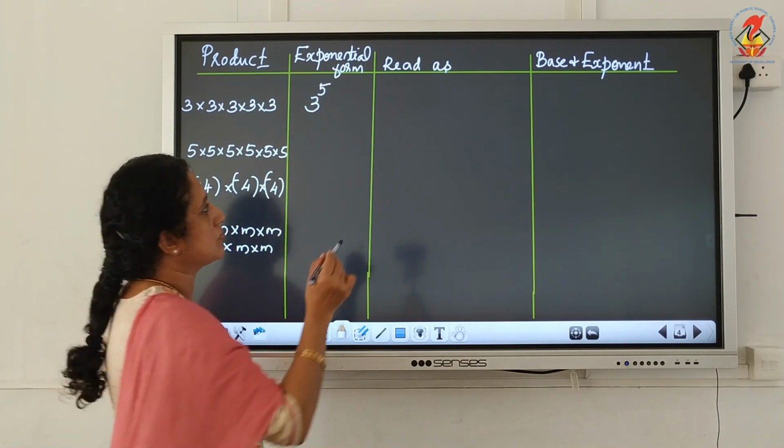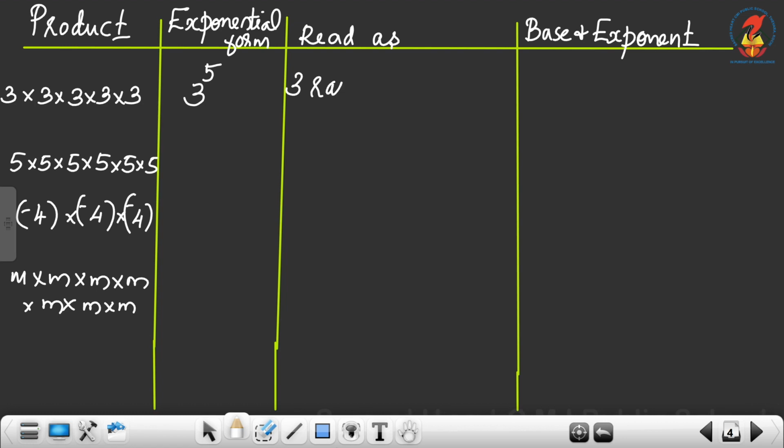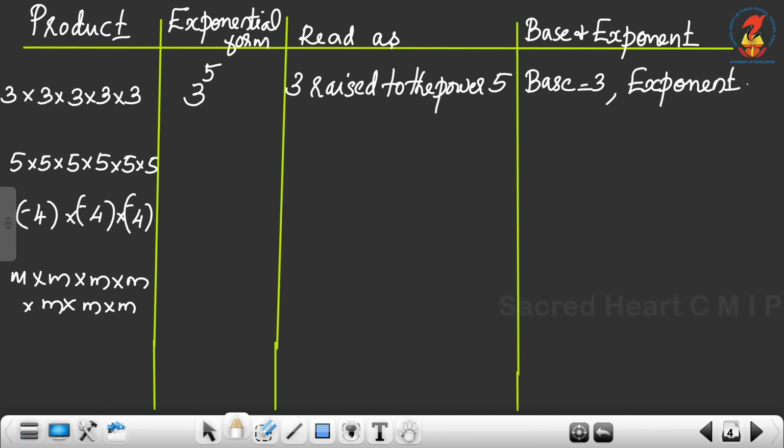How can you read this? 3 raised to the power 5, or 3 raised to the power of 5, or you can simply say 3 raised to 5. In 3 raised to 5, base is 3 and exponent is 5.